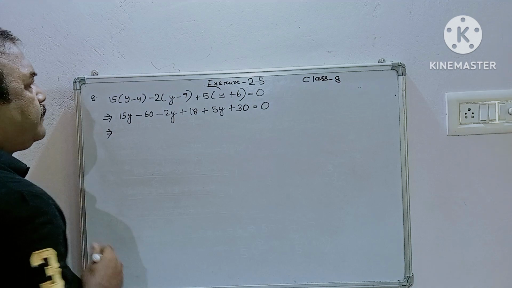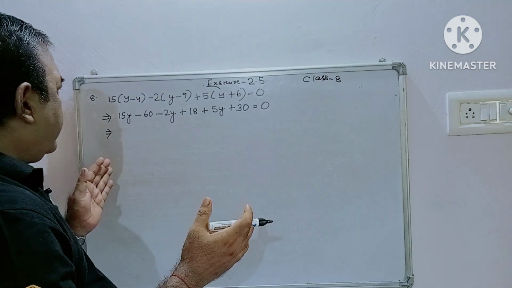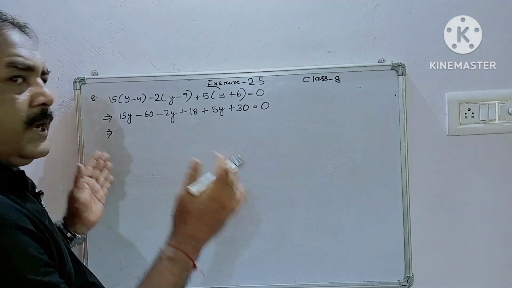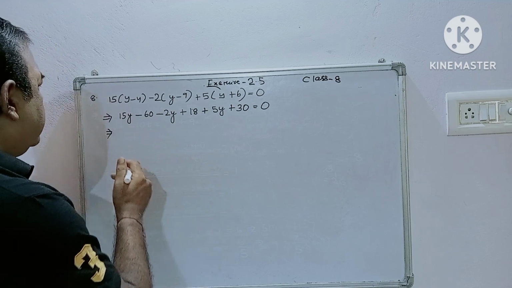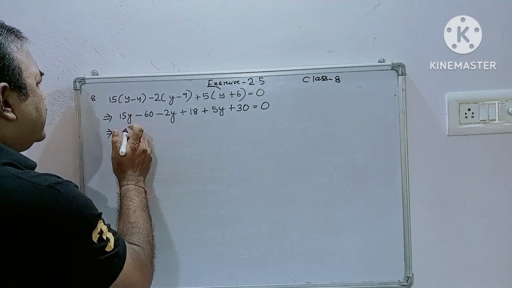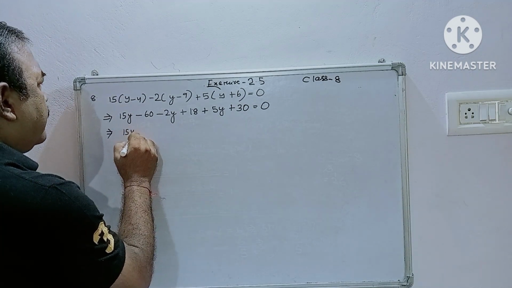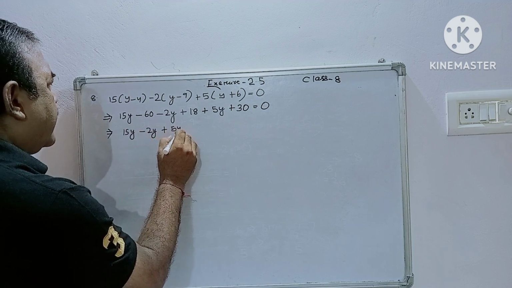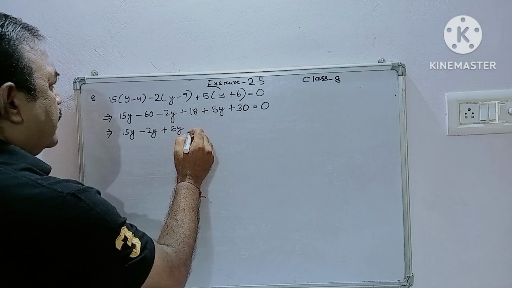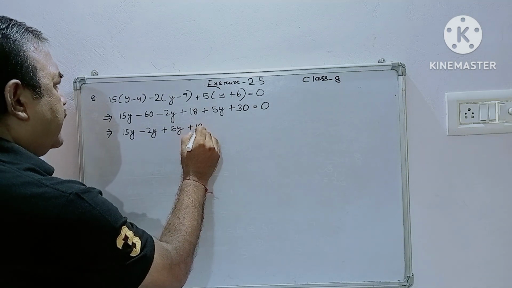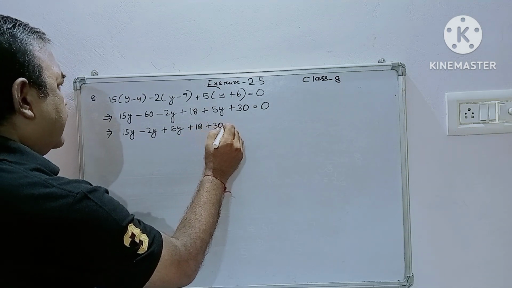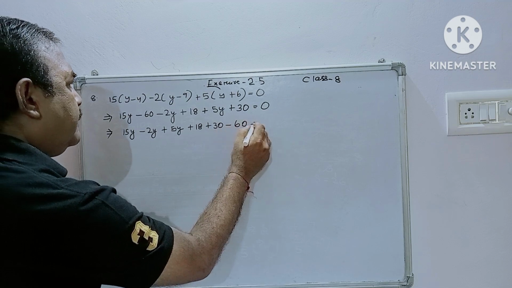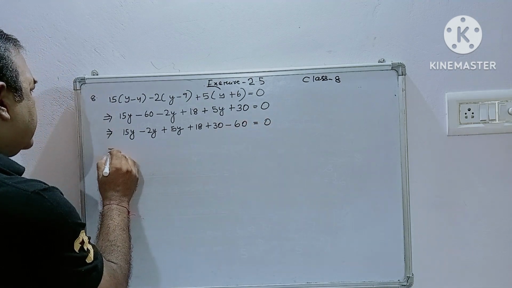So you see, you bring the variables near, you make them closer. 15y minus 2y plus 5y plus 18 plus 30 minus 60 is equal to 0.